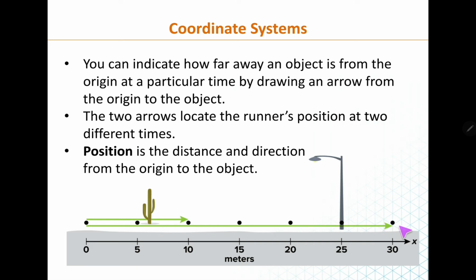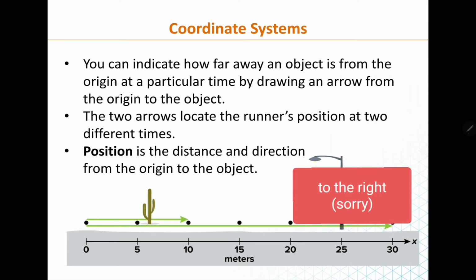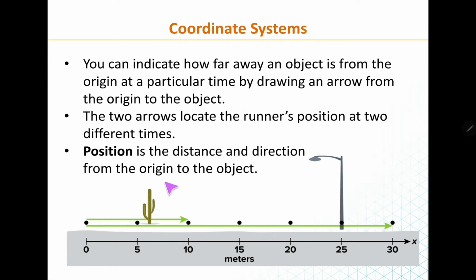Also we have a point which is 30 meters. So the distance is 30 meters from the origin, and the direction is to the left. So the position is the distance and direction from the origin to the object.